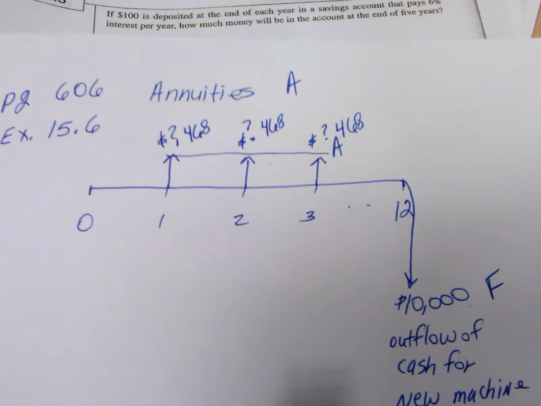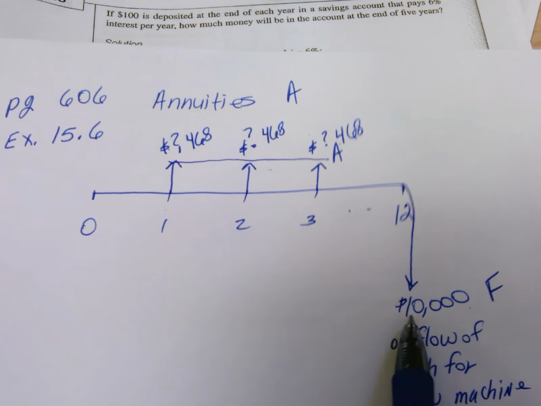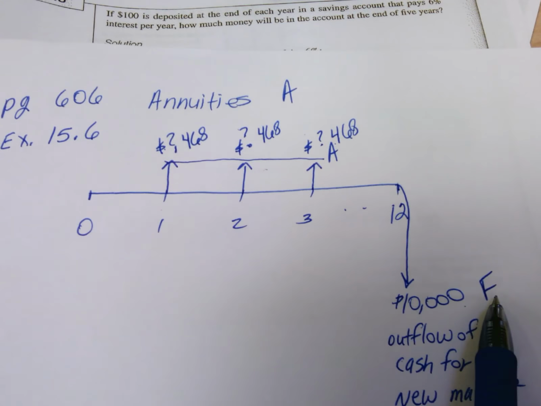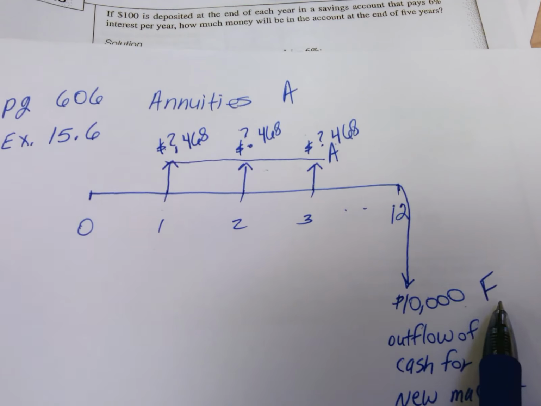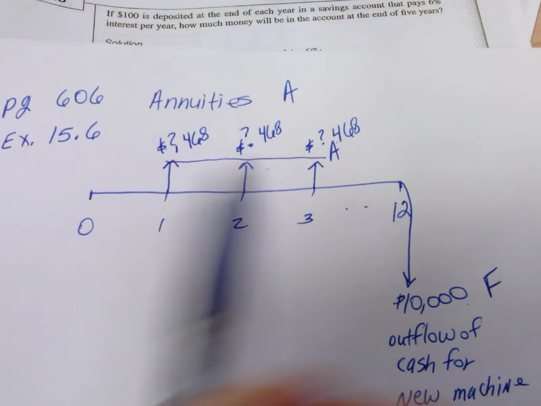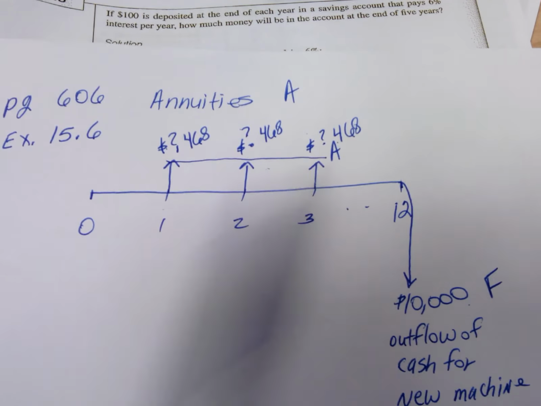Now, another way to use this for your personal financial planning is to have your future value be the amount that you want to have in your retirement account, in your 401k, by the time you retire. That's the future value. And then the annuity would be how much you have to put away every year or every month.